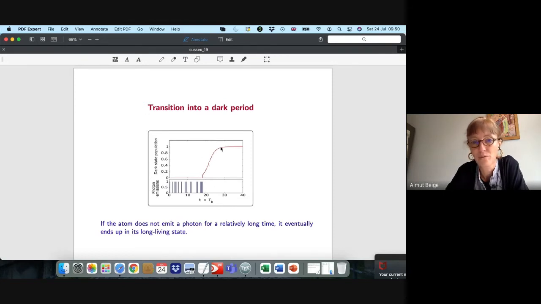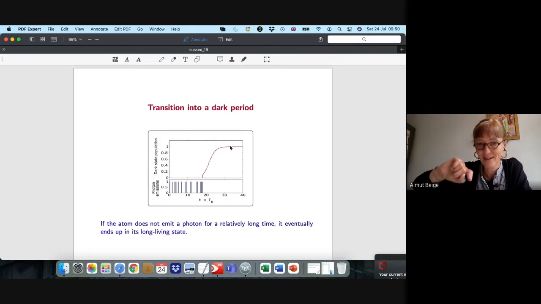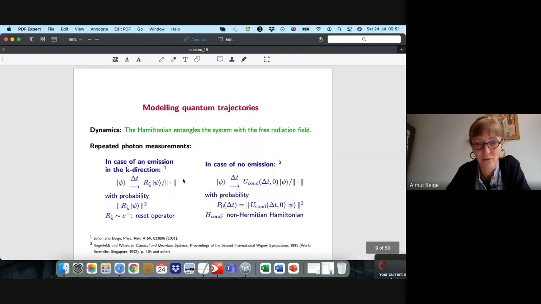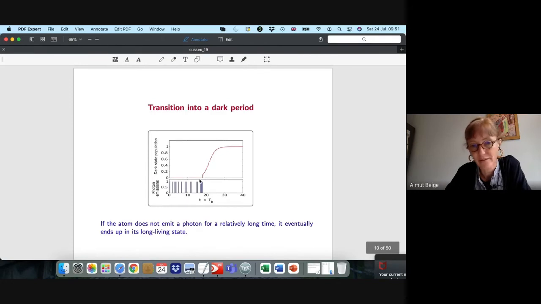Because you gain more and more knowledge that the atom must be in the excited state. So it does exactly that. It goes into the state that I was showing here that cannot emit photons. So you have this nonlinear transition into the dark state, and then it will stay there for a long time.